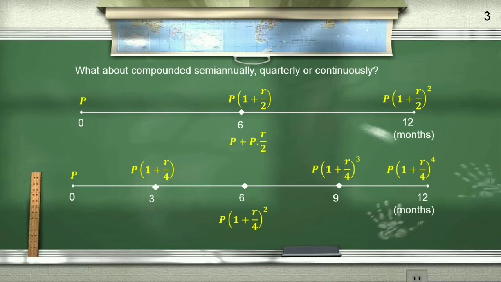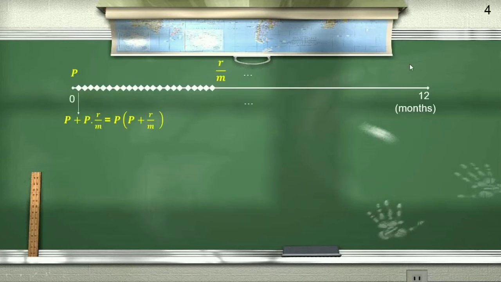we are going to see what happens if the interest is compounded continuously. Before we determine this, we want to know what happens if the interest is divided into m periods for 1 year.